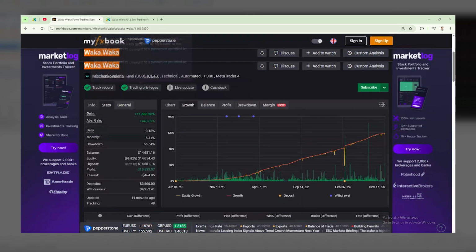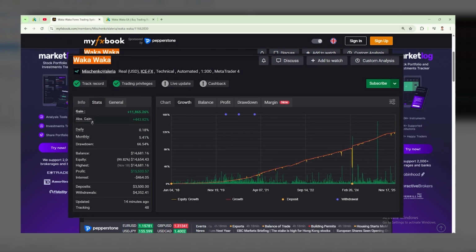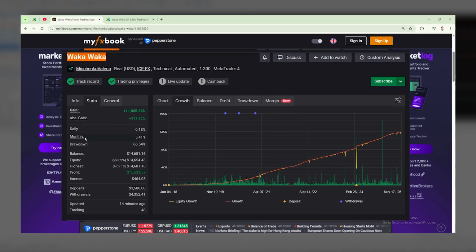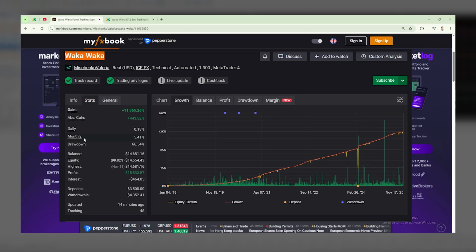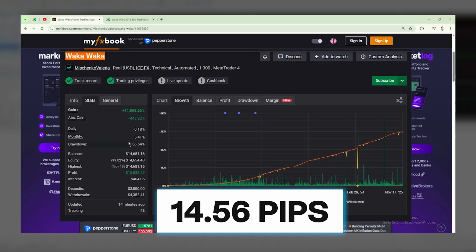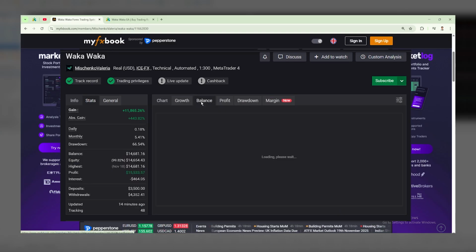General stats scream reliability. 5,018 total trades with longs dominating at 73% profitability. Shorts at 74% too. Balanced beast. Average win 14.56 pips, $9.70 outpacing average loss of negative 32.10 pips, $16.80 by a mile.